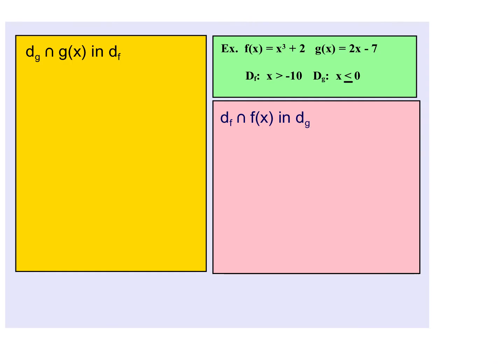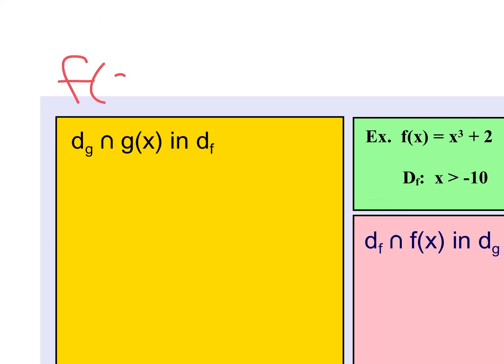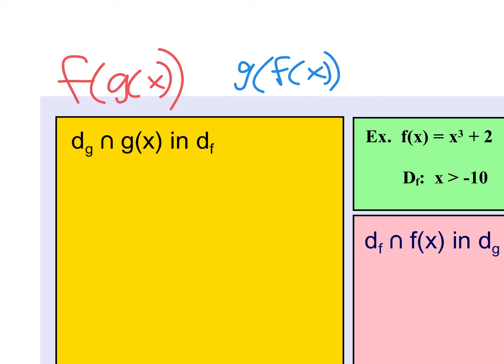This is the hardest formula that you have to know, a formula for finding the domain. I want you to tell me, would this have been f of g of x, or are they finding the domain of g of f of x? Is it the red one, or is it the blue one?